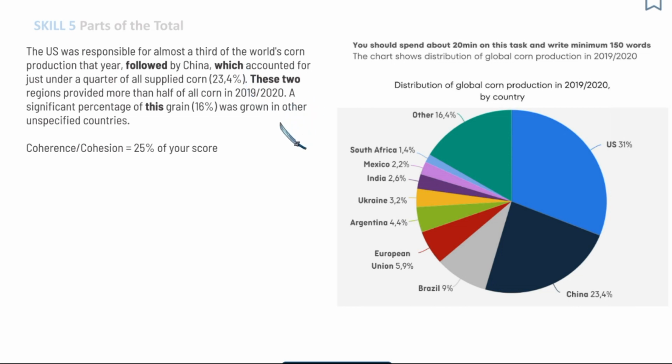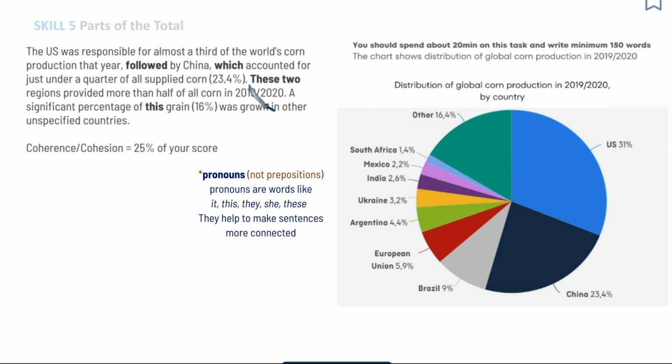And of course, another way to link sentences and link parts of the sentences together is to use pronouns like this or these. This grain, these two regions. We refer to the USA and China that we mentioned before.